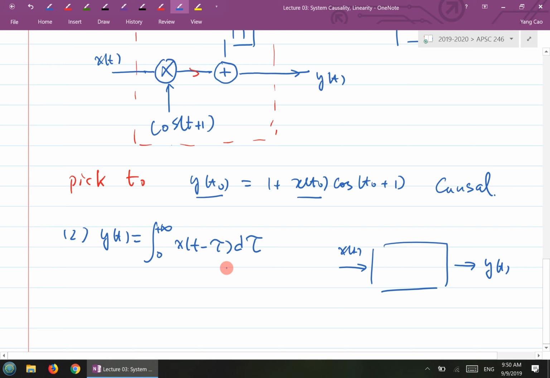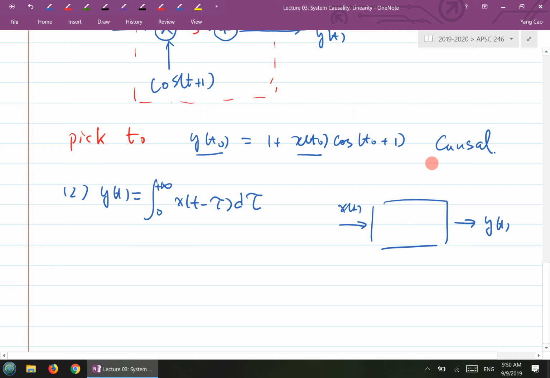Is the system depending on future inputs or not? Or does the system depend purely on the past? That's the condition you make use of to draw a conclusion.